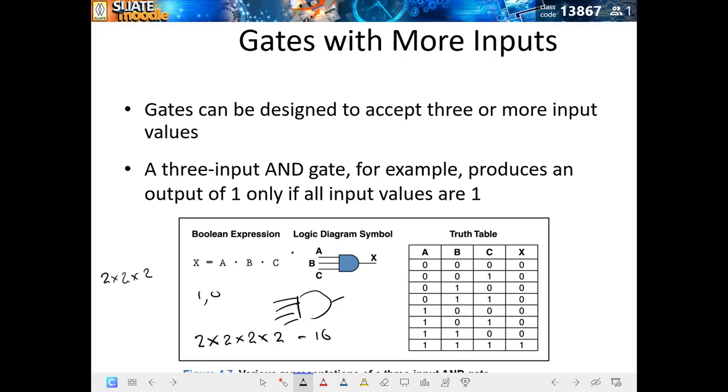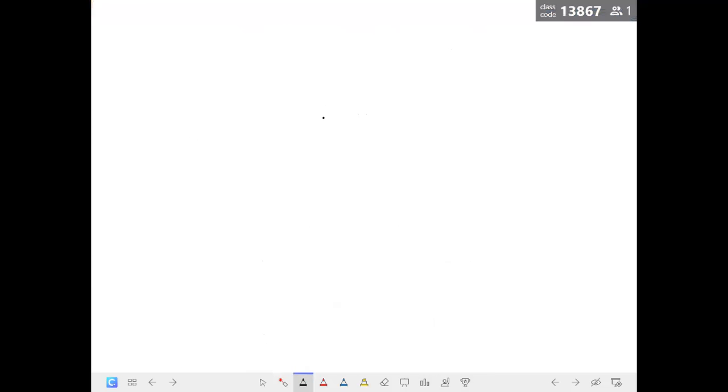If you have 2 inputs, how can you find the different combinations, right? You can find the number of different combinations by using 2 to the power of the exponent. If you are going to use a 2 input logic gate, then the exponent is 2. 2 to power 2 equals 4. 4 combinations will be there in the truth table: 0, 1, 0, 1, 0, 0, 1, 1.